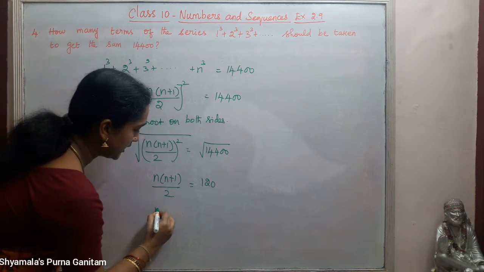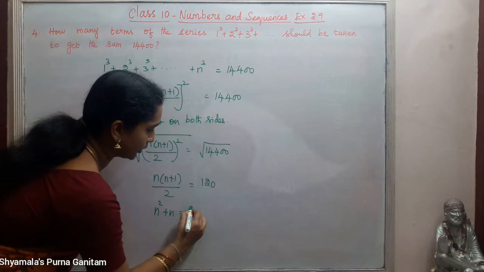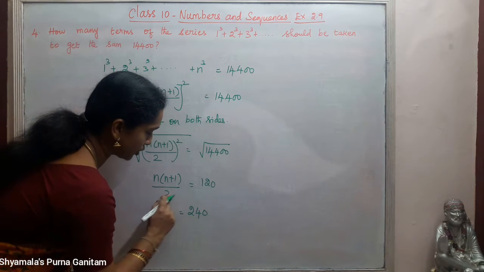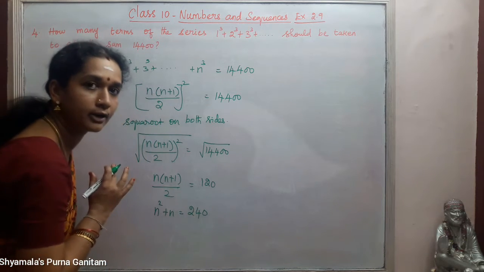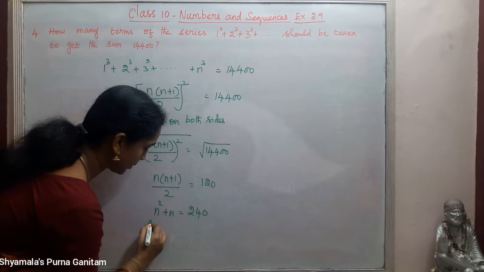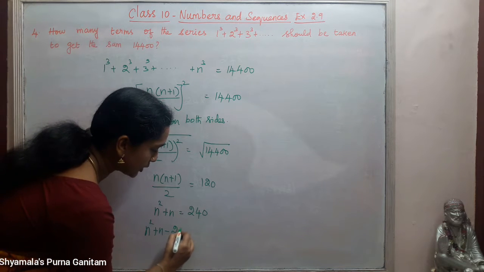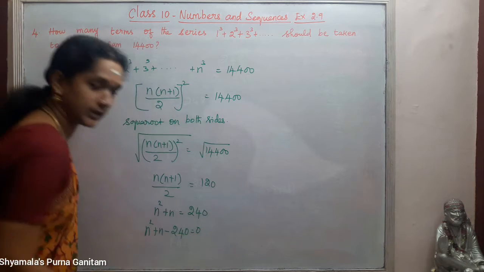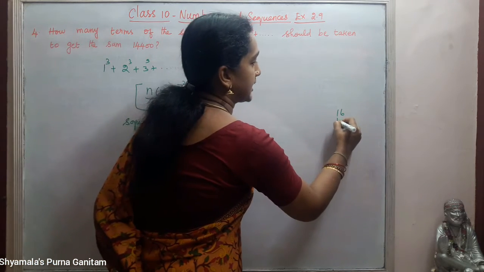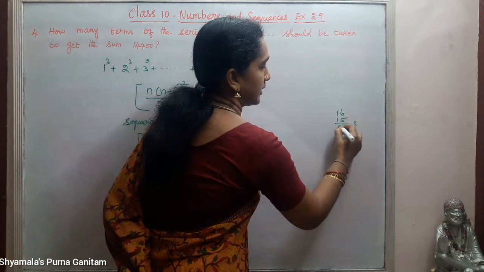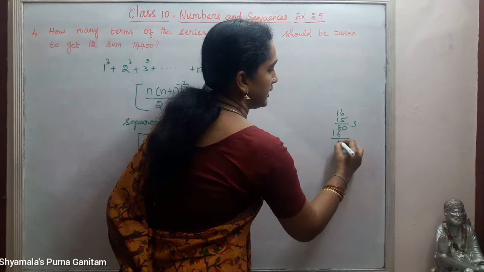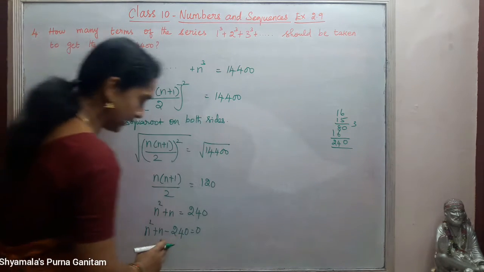Okay. So here n squared plus n is equal to 240. So this 2 will go to the other side, and we get 240. So n squared plus n minus 240 is equal to 0. So we multiply 16 and 15, 6 5s are 30, it will be 80, then 16, then 240 we will get.